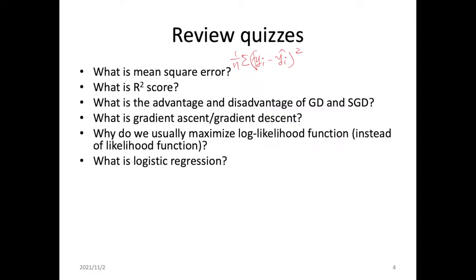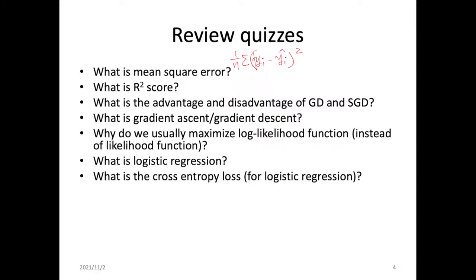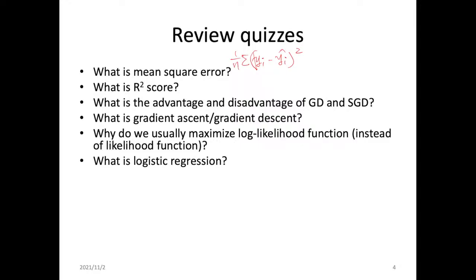So we can either use gradient ascent to maximize the log likelihood function, or we could use gradient descent to minimize the cross-entropy loss. They both give you the same theta. And by the way, this is your exercise.